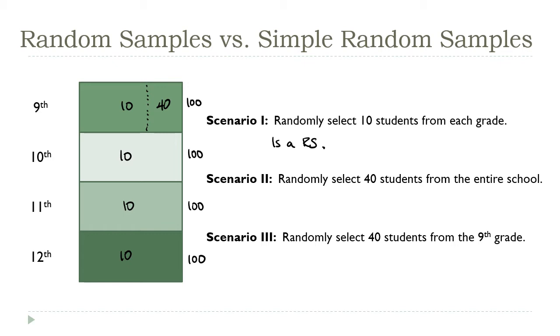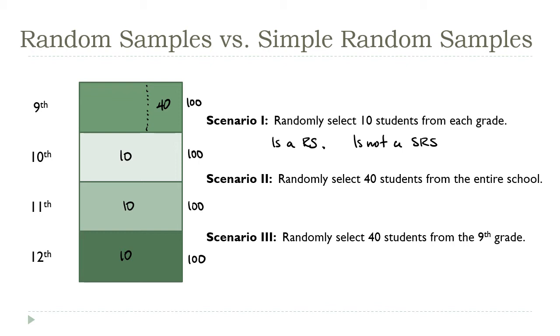That group does not have the same probability of being selected as every other group. It can't be chosen at all. The probability of it being selected is 0 because we're not selecting that many people from the ninth grade. So no, this is not a simple random sample. Okay, that's scenario one.